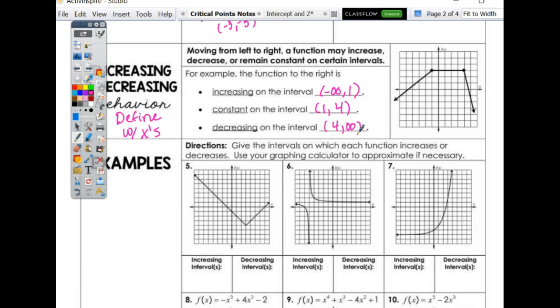Remember, you define with the x's. It increases to right here, and that's 1. It stays constant to here, and that's 4. And then it decreases to infinity, from 4 to infinity.